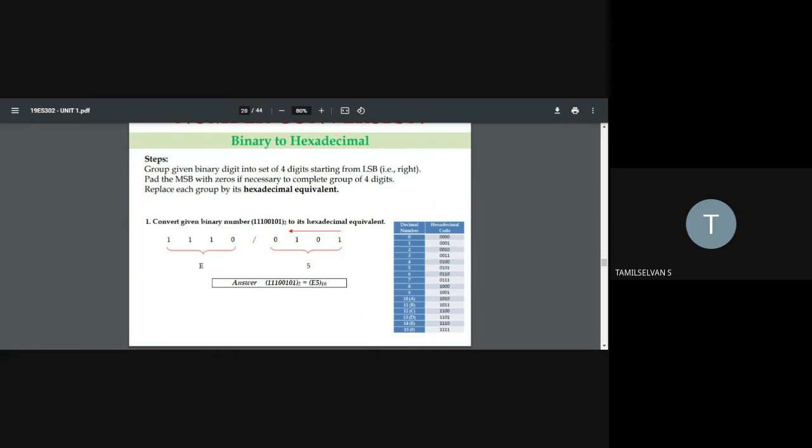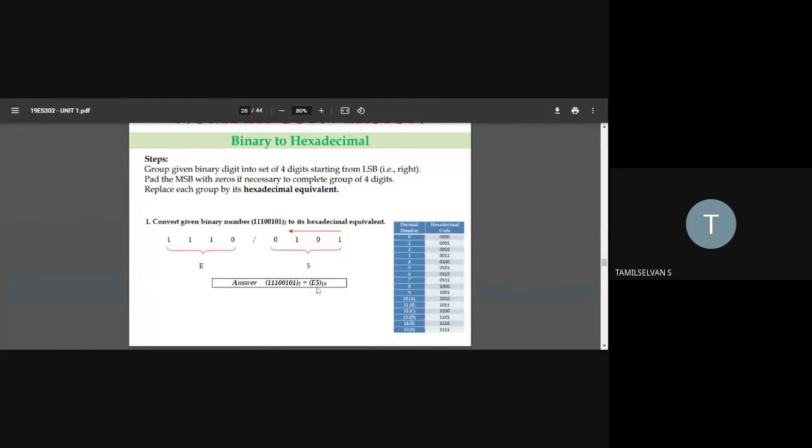In the octal conversion I took 3 digits from the right end. This is a hexadecimal number conversion, so each and every input consists of 4 bits. So I can separate 4 bits from the right end in this concept, right? So 0101 has been separated, 1110 has been separated. 1110 is denoted by E, and 0101 by 5.